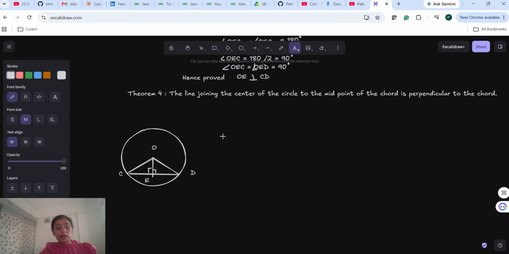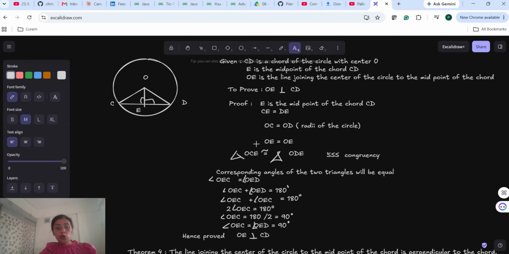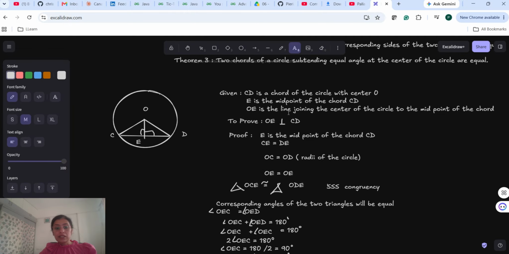In theorem 4, we had been told that CD is the chord and E is the midpoint of CD, and we had to prove that OE is perpendicular to CD.